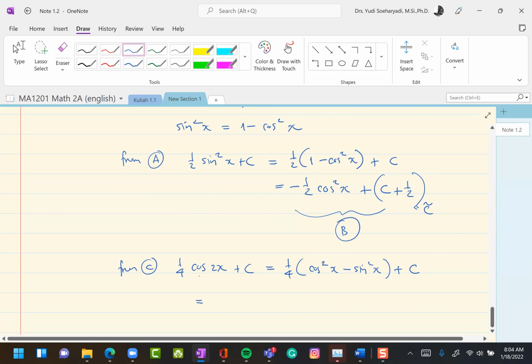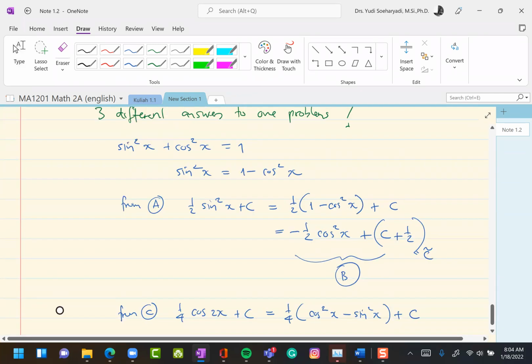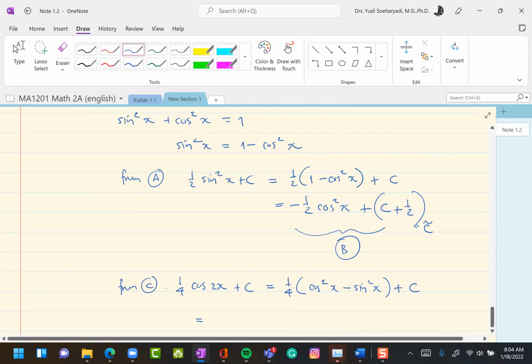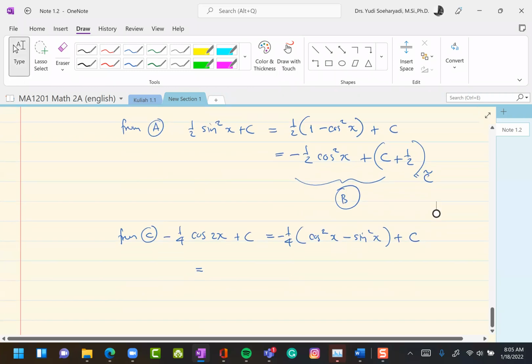Is that true? Correct. Cosine 2x is just cosine square minus sine square. Oh, that's negative, sorry, there's a negative here. I'll just use this one.